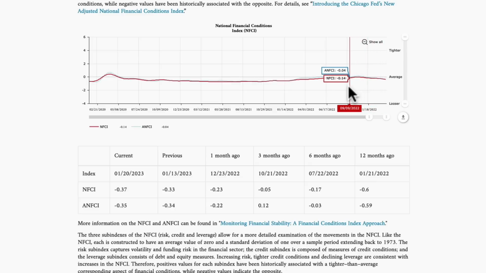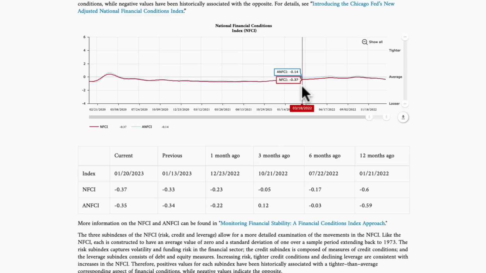As the numbers get less negative and into positive, the financial conditions were tighter. So we're looking for another negative 0.37. So nationally, for the NCFI, not the adjusted one, you have to go back to March of 2022 to get financial conditions as loose as they are now. All the way back to March.